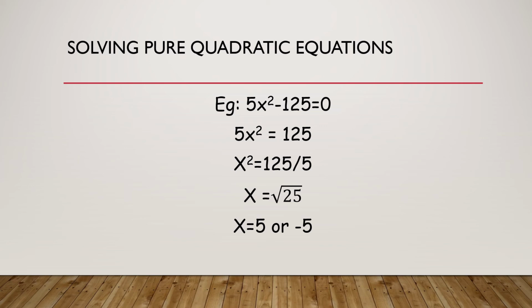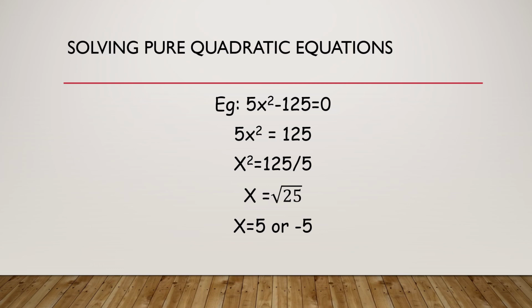Again we move 5 to the other side. Here it is multiplication, and when it is taken to the other side, multiplication becomes division. Then x² = 125 divided by 5, which gives 25. x² = 25. Then x = √25, that is, the power when moved to the other side becomes a root. 25 is a perfect square, that is 5.